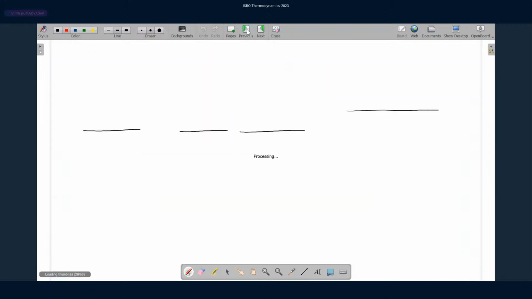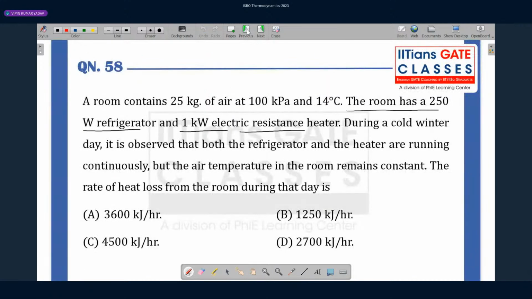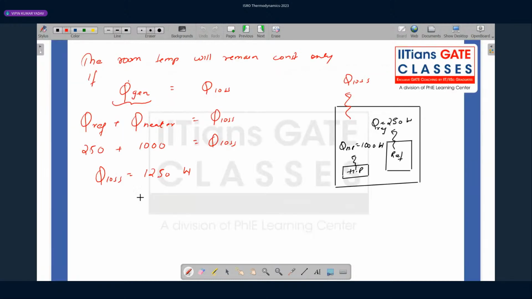But the answer is in kilojoule per hour. So what does kilojoule per hour mean? This watt I can write as joule per second. I need it in kilojoule per hour, so I need to convert the seconds to seconds per hour, and convert joule with 1000 joule per kilojoule.